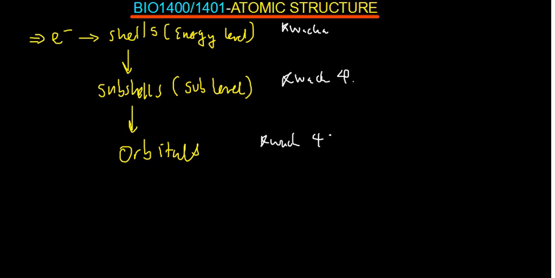If they ask you what an orbital is, it is simply a region around the nucleus of an atom where the probability of finding an electron is maximum. So it is not a space where we are going to find an electron, but a region where the probability of finding an electron is maximum. Yes, Shekaina.